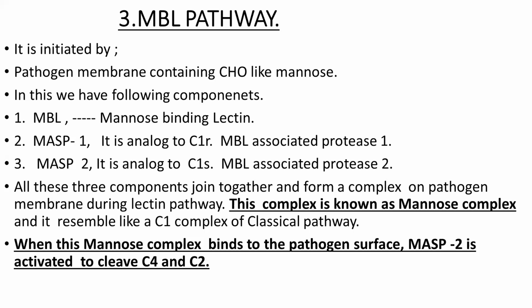All these three components join together and form a complex on the pathogen membrane during the lectin pathway. This complex is known as the mannose complex, and it resembles the C1 complex of the classical pathway. And this mannose complex binds to the pathogen surface. MASP2 is activated to cleave the C4 and C2 components.